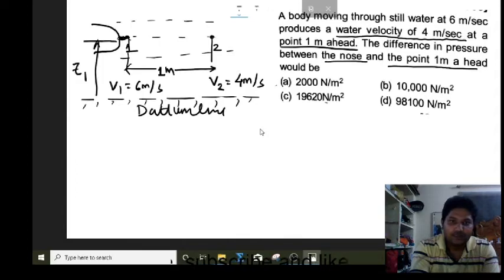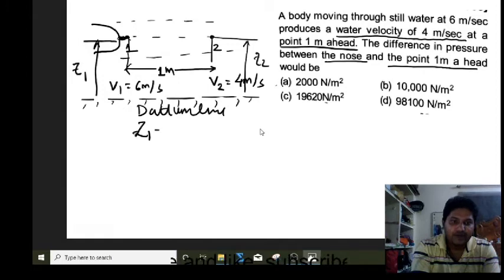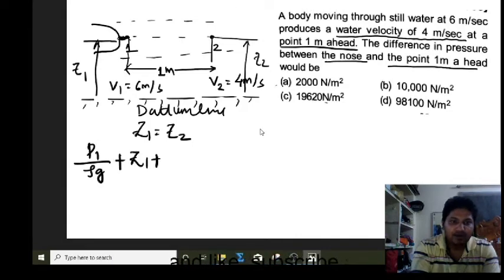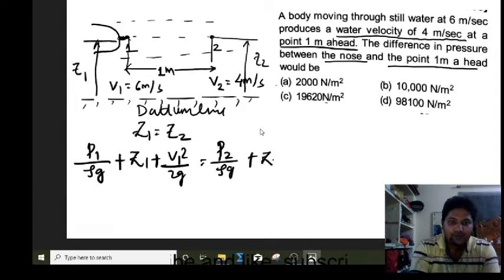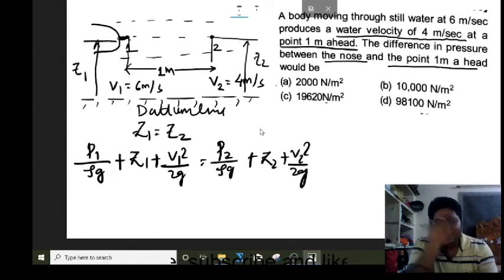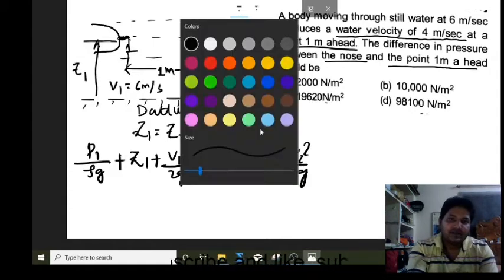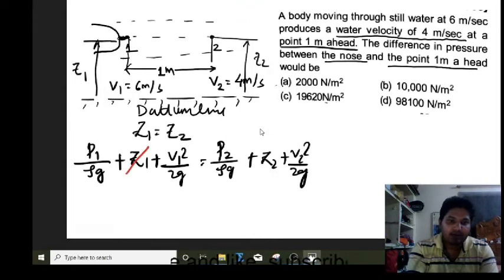It is not mentioned, which means they are the same. Now apply the Bernoulli equation to point 1 and point 2: P1 by rho g plus Z1 plus V1 square by 2g equals P2 by rho g plus Z2 plus V2 square by 2g. Z1 and Z2 are the same, so they cancel.